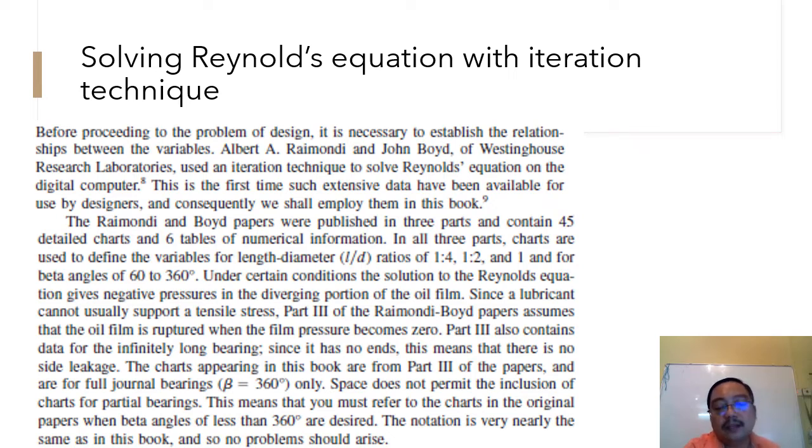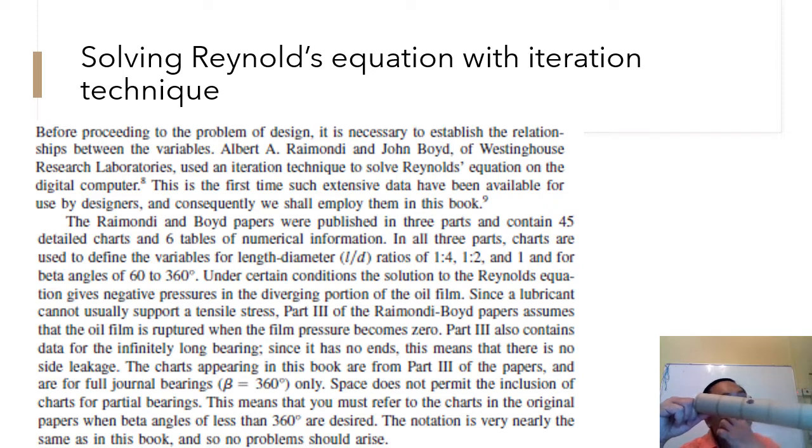So for this video, using Raimondi and Boyd papers, it means that you consider the journal bearing to be already full. You have already inserted the lubricant here, and this journal is full of lubricant. That is called 360 degrees.